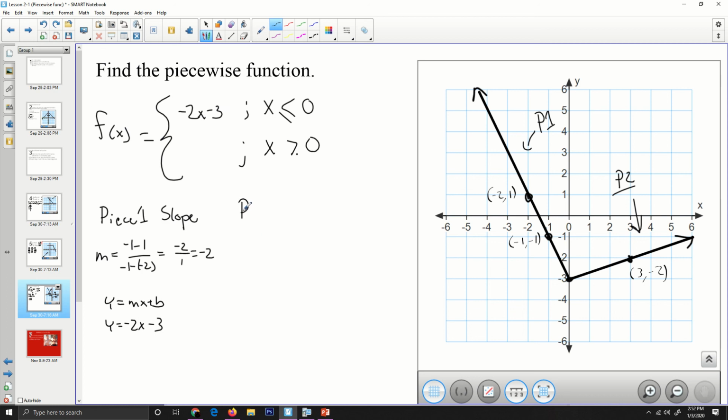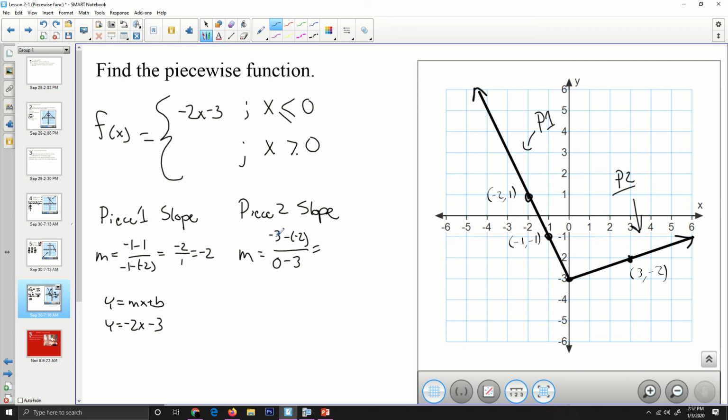And so for my piece 2 slope, I'm going to use these 2 points here. I'm going to use 0, negative 3, and 3, 2. So I'm going to change my y, so negative 3 minus negative 2 over 0 minus 3.